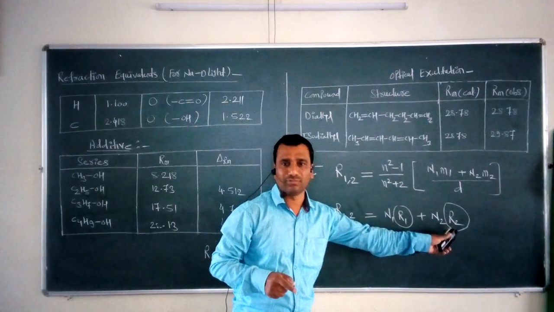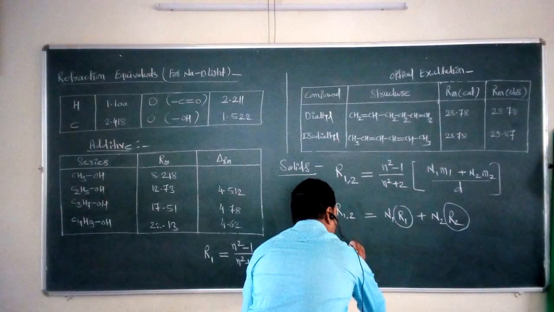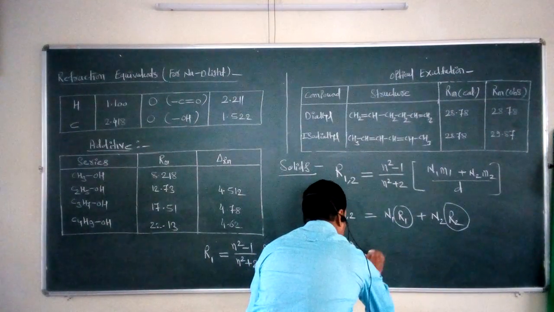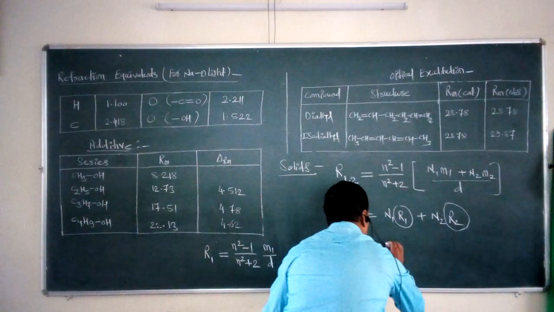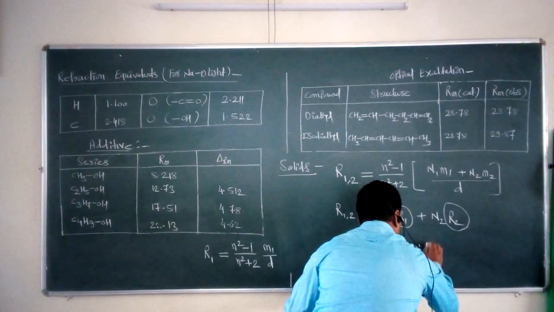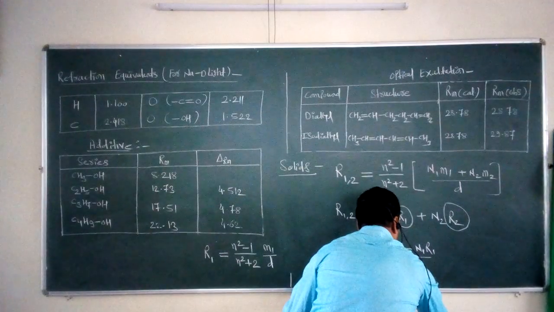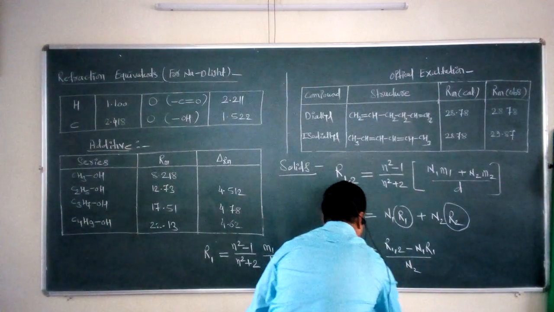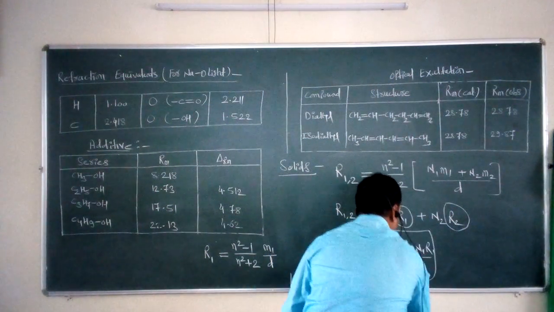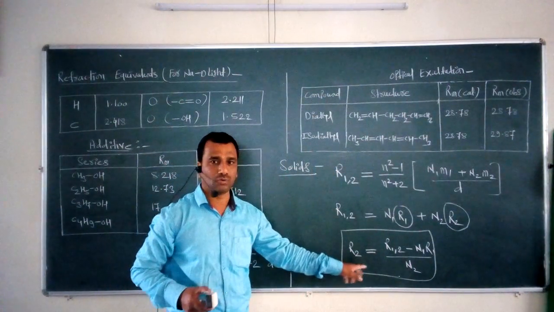For this purpose the above equation becomes R2 is equal to R1,2 minus N1 into R1 divided by N2.